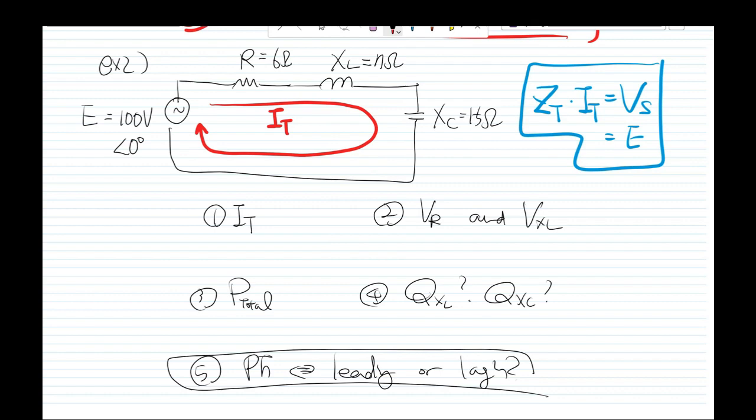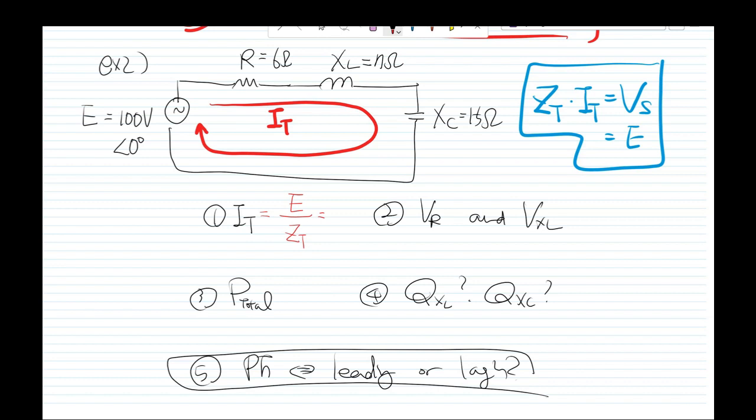So the question is I sub t, the total current. It is Ohm's law: E divided by Z sub t. E is 100 volts at 0 degrees. What is Z sub t?